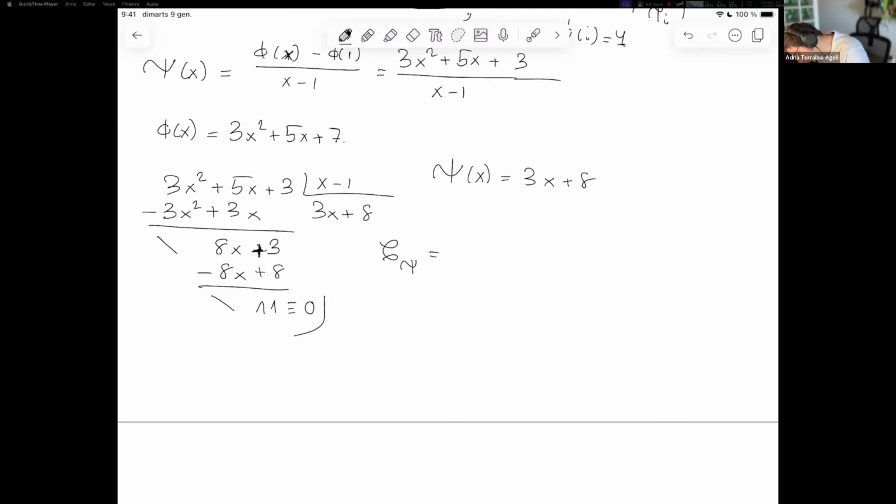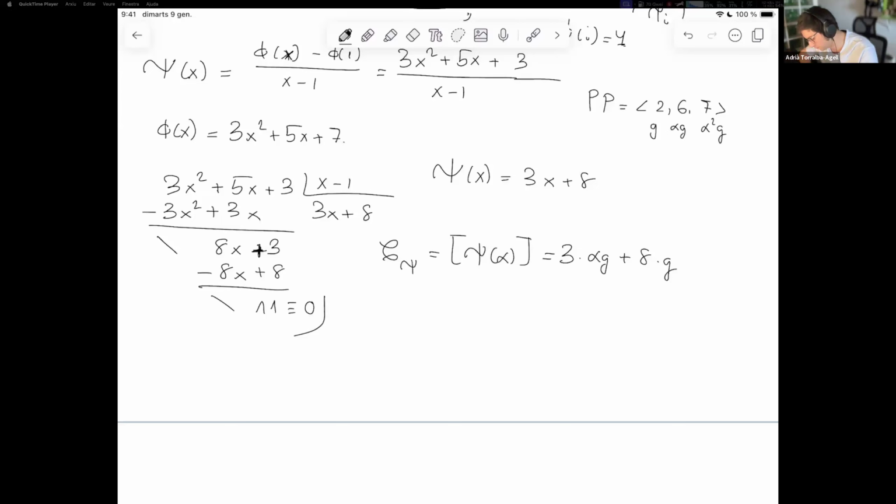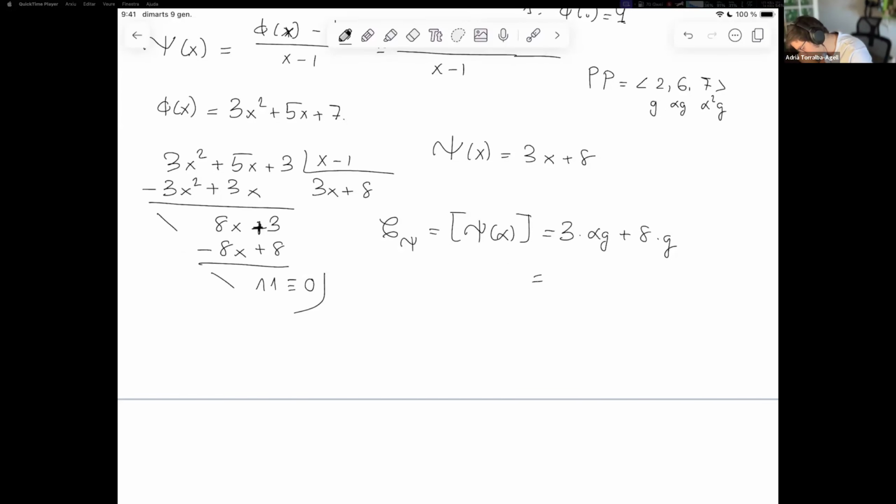This is 3 times alpha g plus 8 times g. I recall you that the public parameters are 2, the second one is 6 and 7, and this is g, alpha squared g. So now, prover, what do I need to write here?